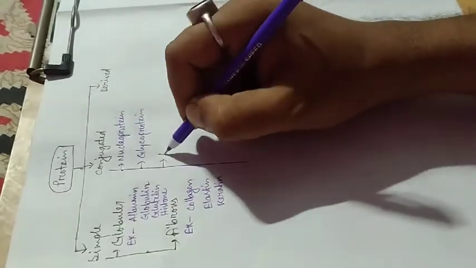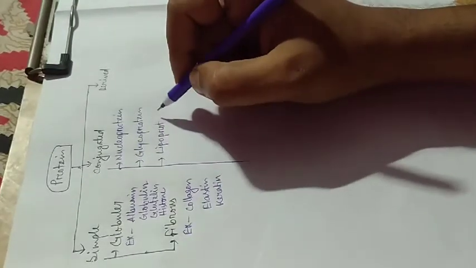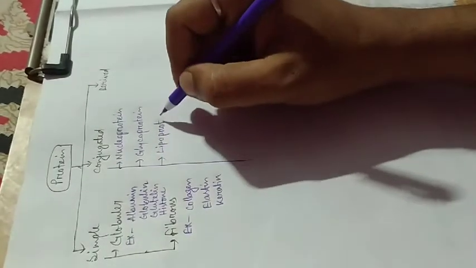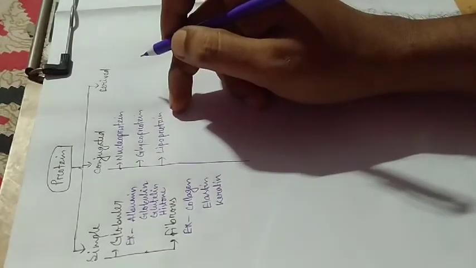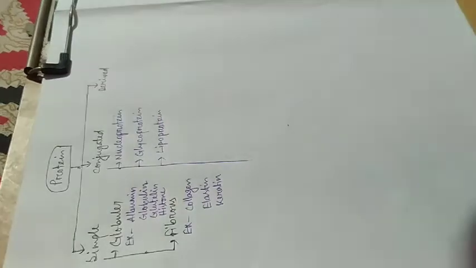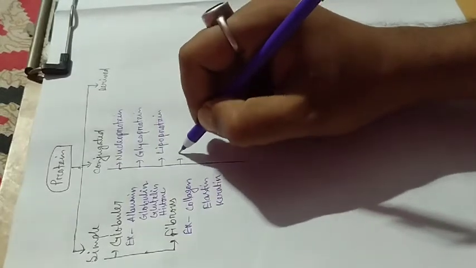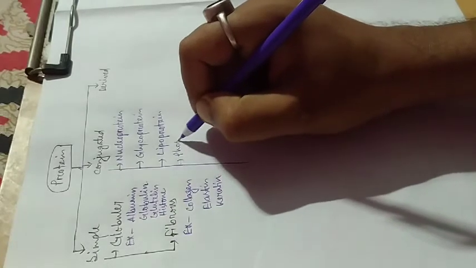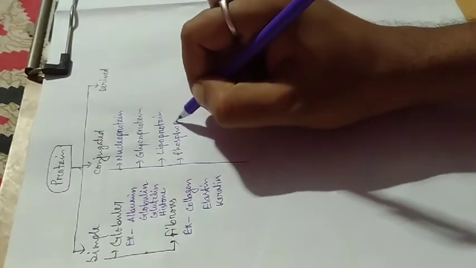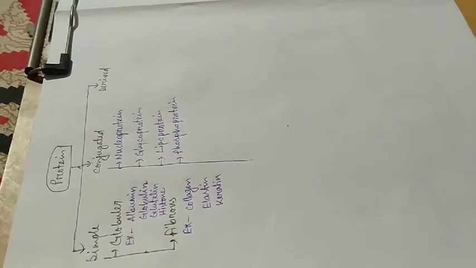Then lipoprotein, which means the protein is attached with lipid. It also occurs in plasma membrane. Phosphoprotein, if proteins have a phosphate group. Those are the conjugated proteins.